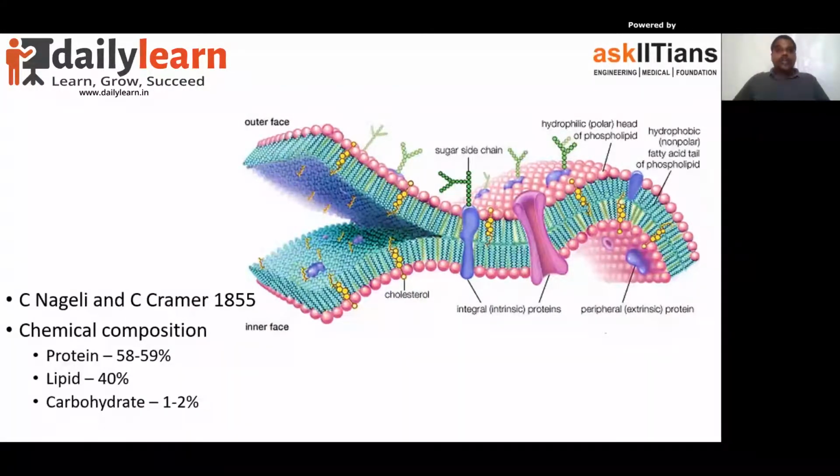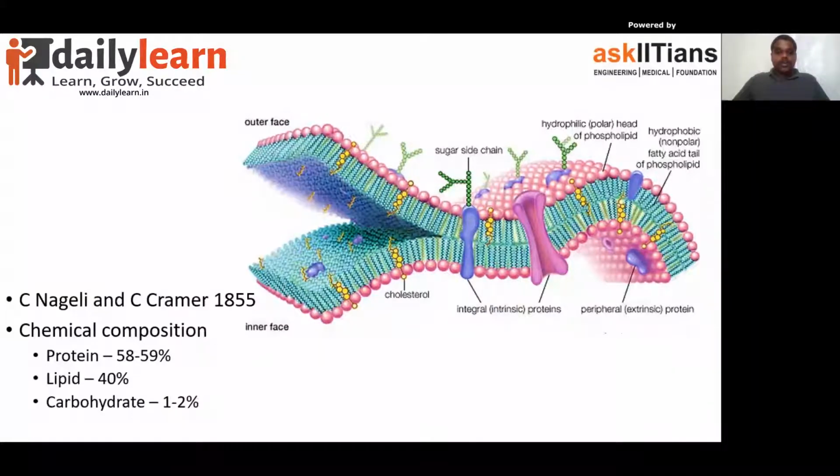The next thing we need to remember is the movement of water from inside of the cell to the outside and from outside to the inside, which is through a diffusional process. It happens through a semi-permeable membrane, and this is called osmosis. Osmosis is a process where water moves from its higher concentration to its lower concentration.